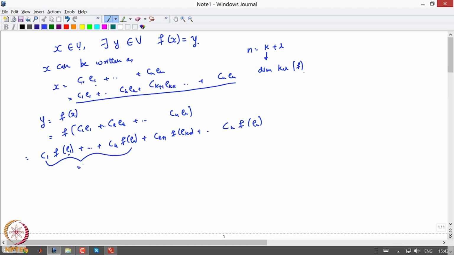They will just be 0, because all these appear in the kernel of f from E1 till Ek. So, what we are left with is Ck plus 1 f of Ek plus 1 plus Cn f of En. Here I am just looking at the image of this vector x.